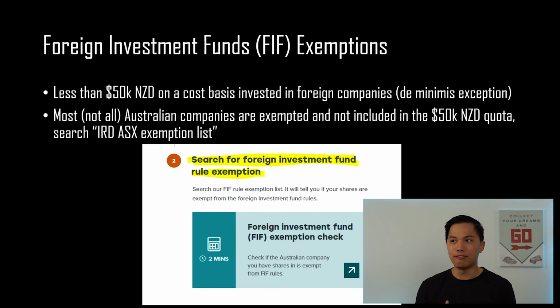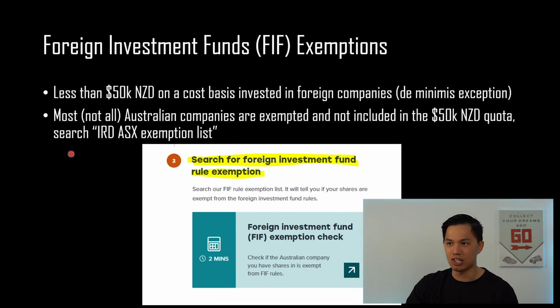Now let's talk about the foreign investment fund exemptions. So I've talked about when it doesn't apply. It doesn't apply when you have less than $50,000 New Zealand dollars invested on a cost basis. This is called the de minimis exception. And the second exemption is that Australian companies, most but not all, are exempted and not included in the 50,000 New Zealand dollars cost basis quota.